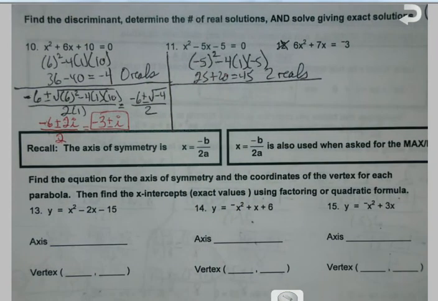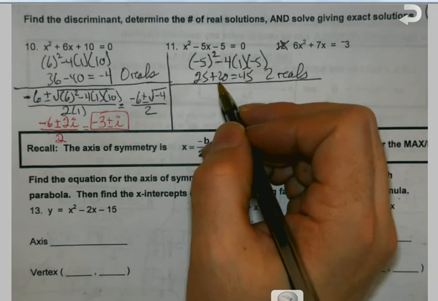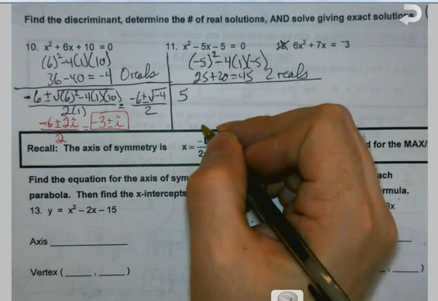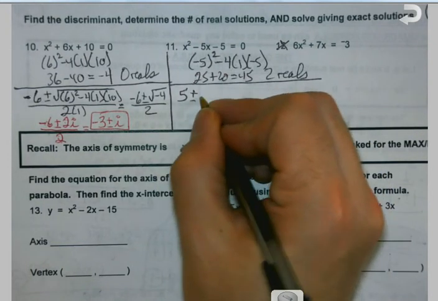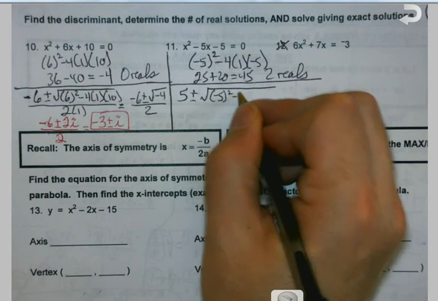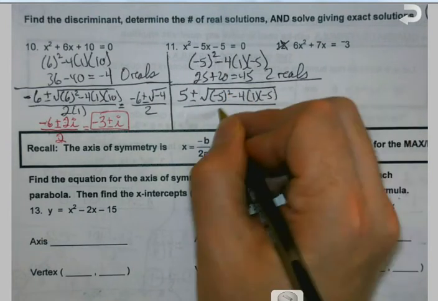I still can get radicals, but no i's this time. Let's see. So again, detail: negative b, the opposite of negative 5 is 5, plus or minus the square root of b squared minus 4ac, all over 2a.